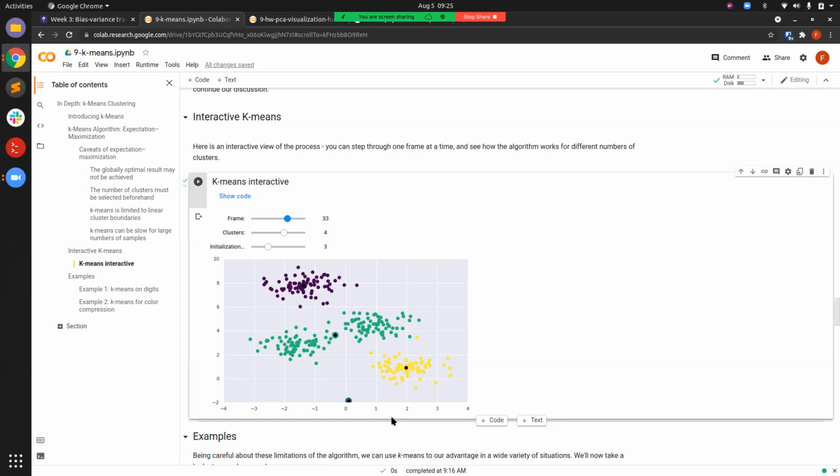So even though we asked for 4 clusters, because of our poor initialization, we in practice only ended up getting 3 clusters because we have no points assigned to the blue cluster.